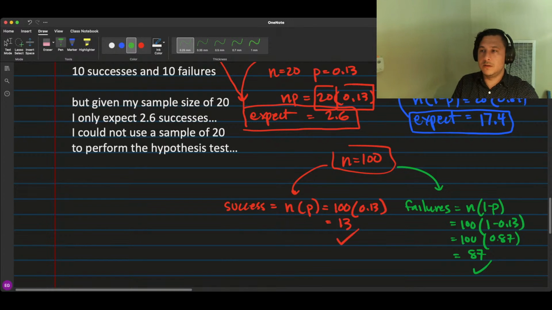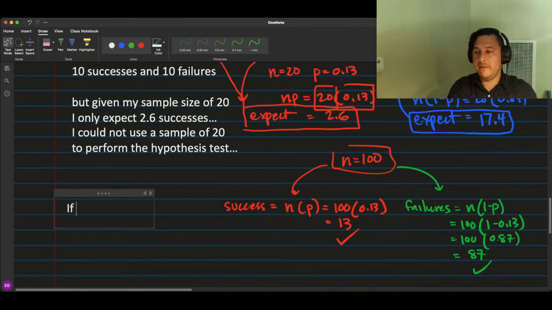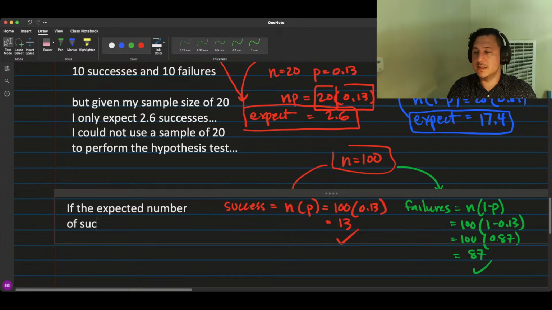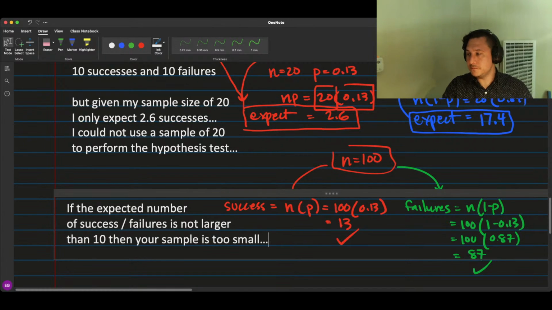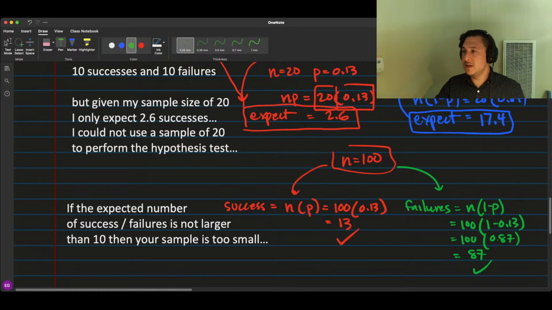So the lesson to be learned here is if the expected number of successes or failures is not larger than 10, then your sample is too small. And there's a formula for doing this.